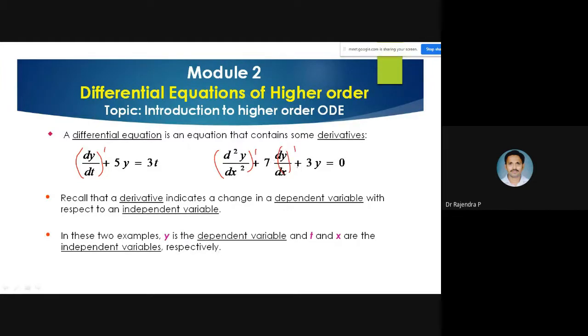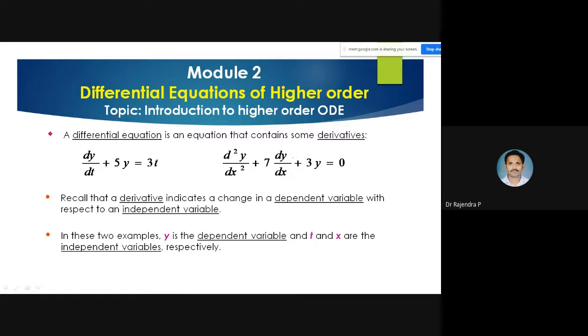For all these derivatives, what is the power? 1, 1, 1, right? So in that case, we can call these linear differential equations, whether it is first order or higher order. Here higher order means second order. So all these are linear differential equations.